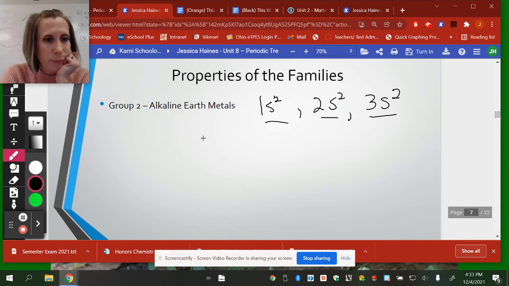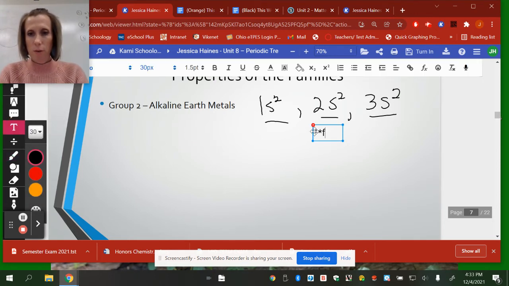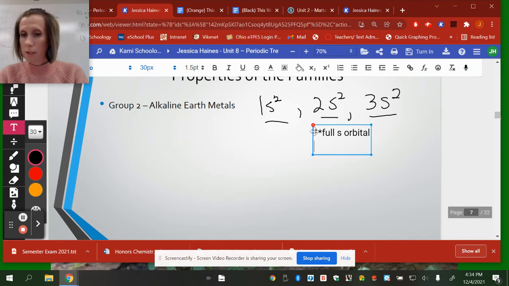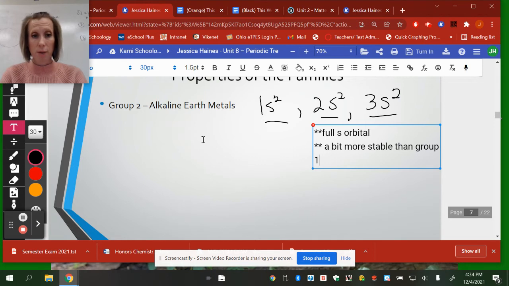So we're going to put over here as a note, they have a full s orbital. So we're going to say they are a bit more stable than group 1, but not so much that they're not going to react with things.